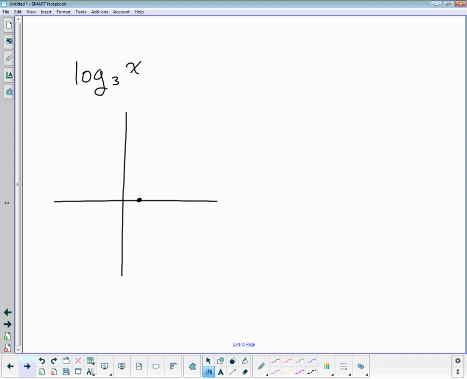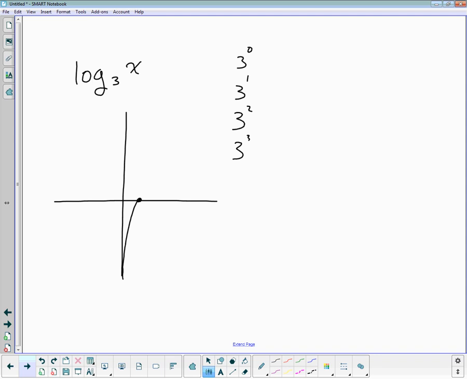You can pretty much eyeball between 0 and 1 because you know it's asymptotic. You can pretty much get away with that. Now, to graph some points, you're basically going to look at 3 to the 0th, 3 to the first, 3 squared, 3 to the third.